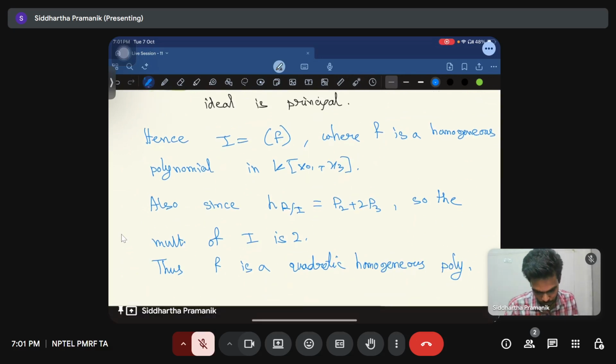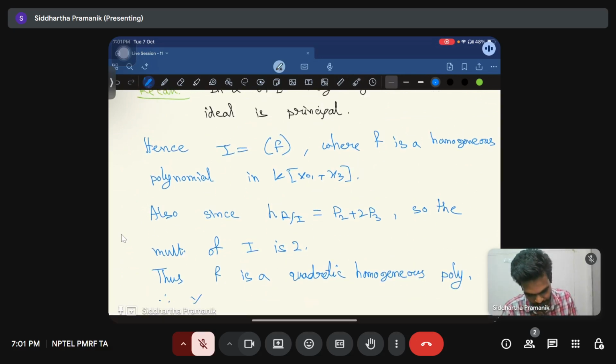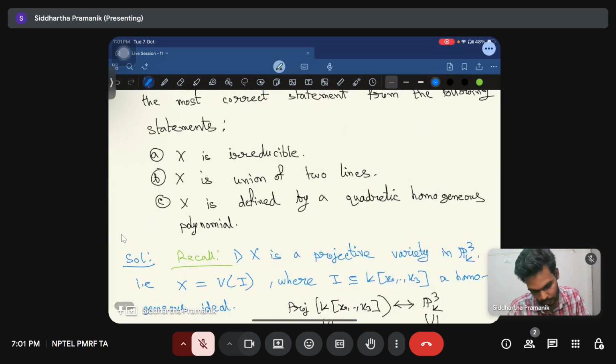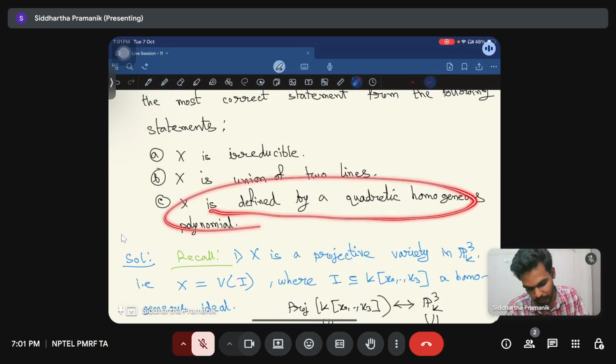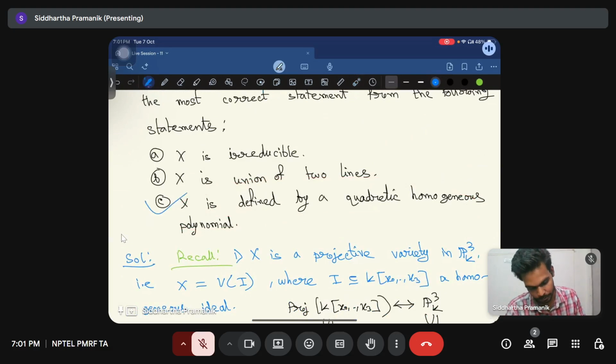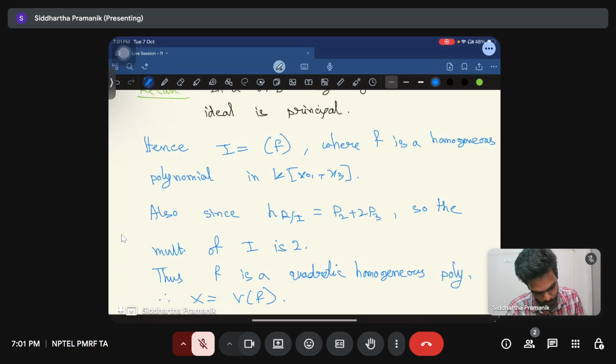So X is defined by V of I, which is V of f. So X is defined by a quadratic homogeneous polynomial. So the option C is correct. So, option C.